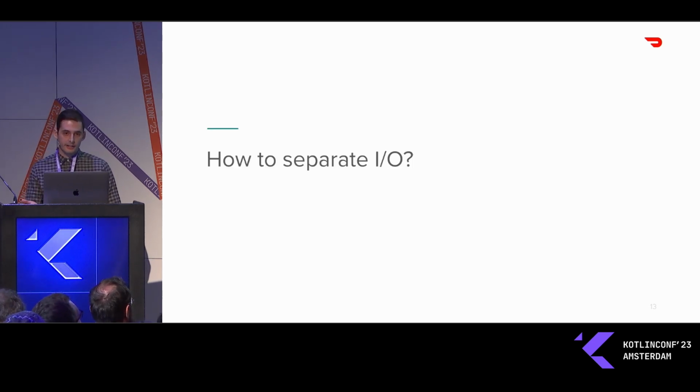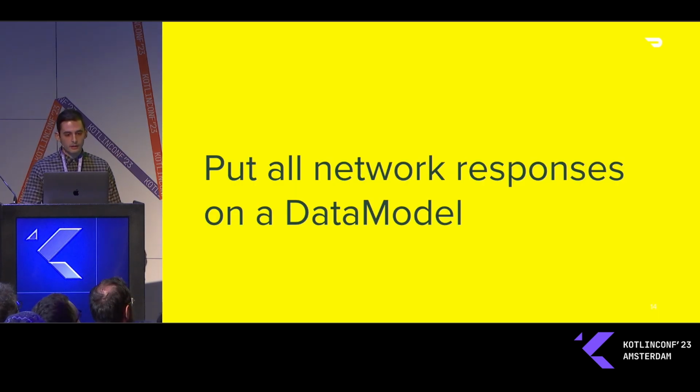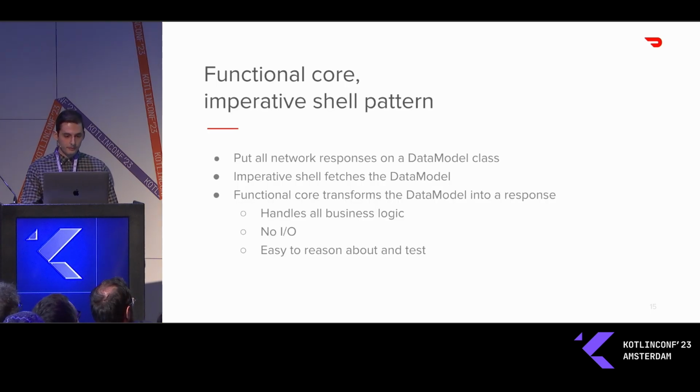So how do we separate the I/O logic from the business logic? The core idea is that we want to put all of the network responses onto a single data model object. And this is key to the functional core imperative shell pattern. The outer shell of our program fetches the data model and handles all of the I/O logic.